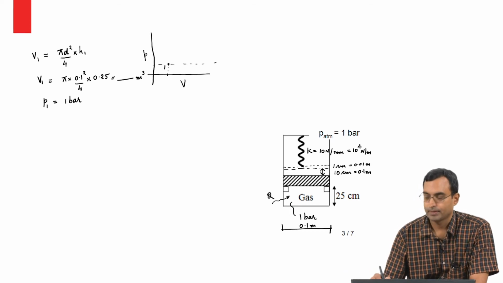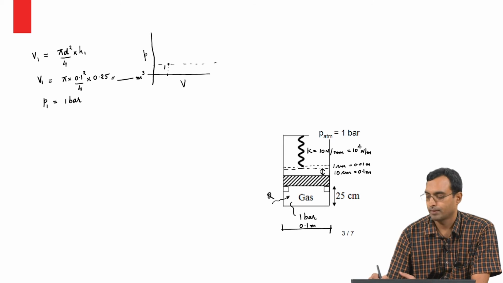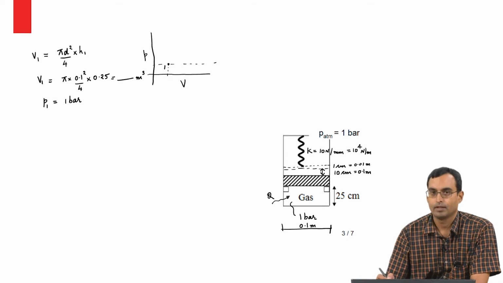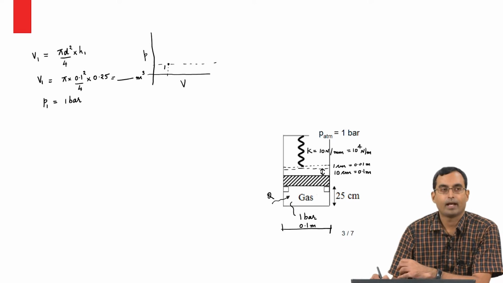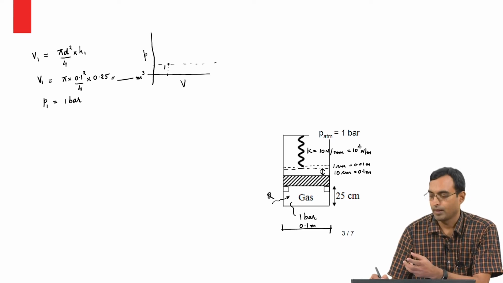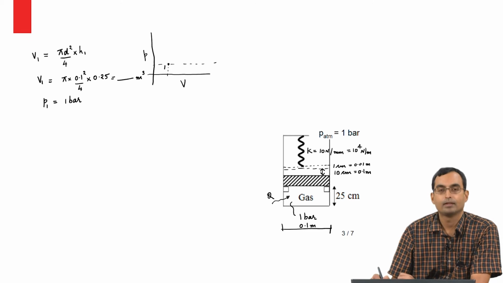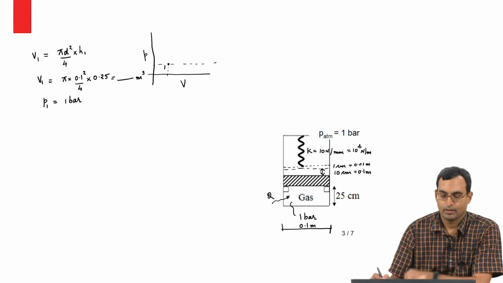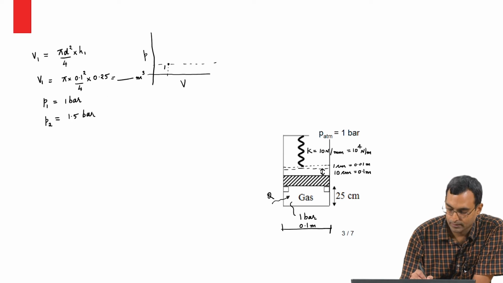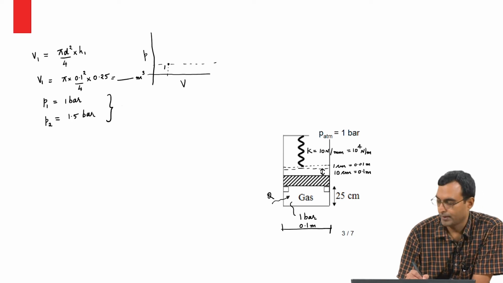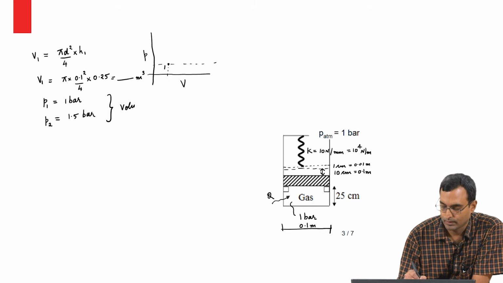This piston can only move when the pressure inside becomes 1.5 bar. So, the pressure is going from 1 bar to 1.5 bar, and during that process the piston is not moving, which means that the volume is constant.